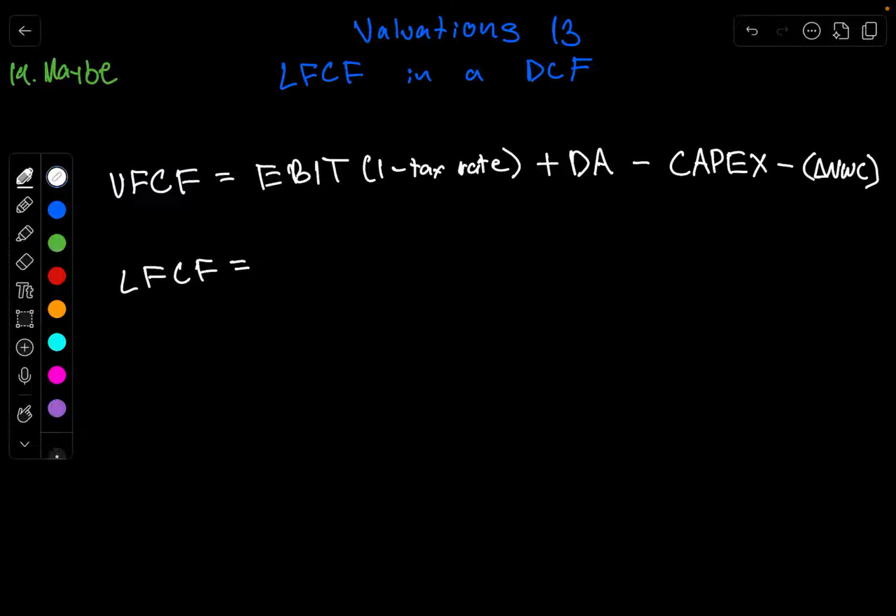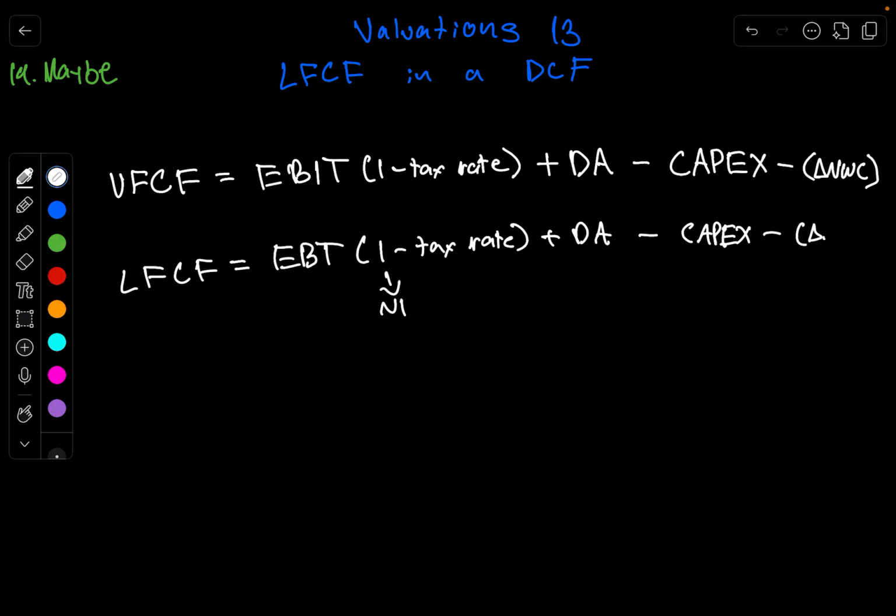And we know that levered free cash flow was essentially earnings before taxes times 1 minus the tax rate, otherwise we can call this net income, right? Plus depreciation and amortization, minus CapEx, minus the changes in net working capital, right?